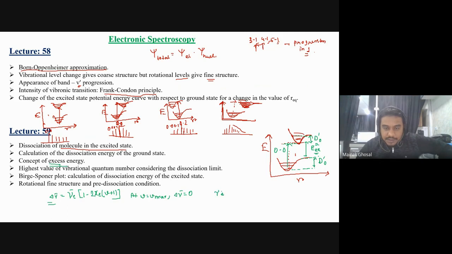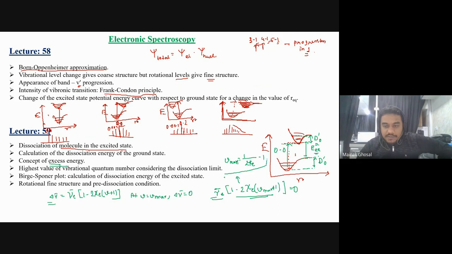Nu e prime into 1 minus 2 chi e into v max plus 1 is 0. So either this part is 0 or this part is 0. This gives v max equals 1 by 2 chi e minus 1.